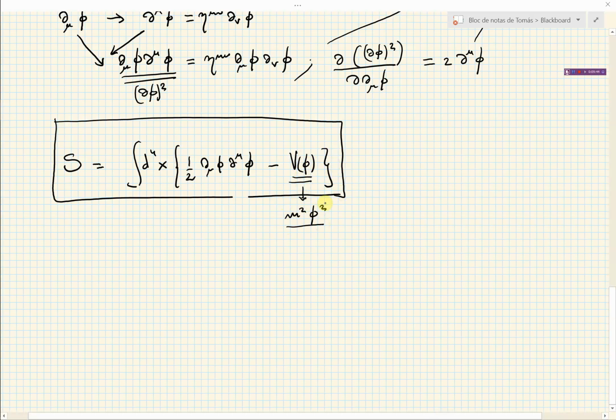And why can I have interactions here without breaking Poincare invariance? Because this whole thing is Poincare invariant. In this case, the only entity that one has is this field, and this action takes into account everything. The only thing that can transfer momentum is the field to the field itself.